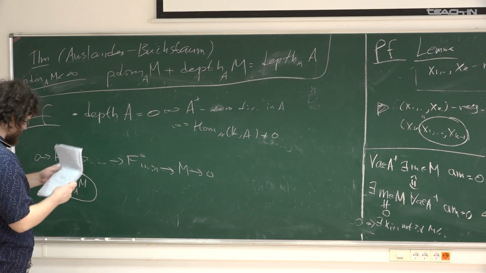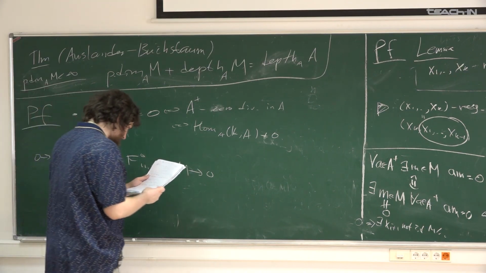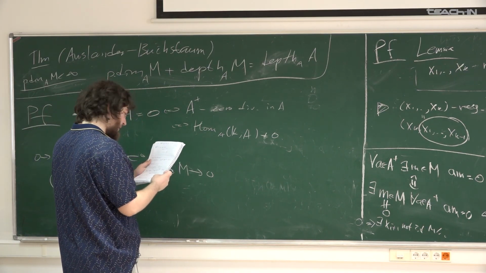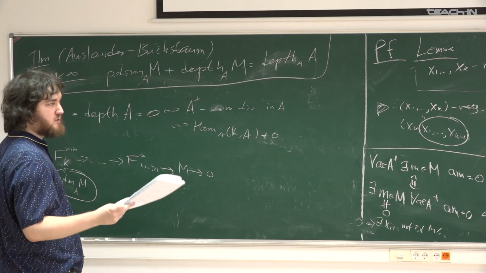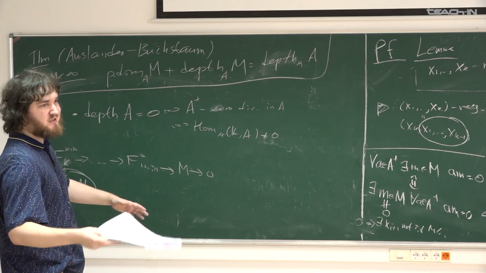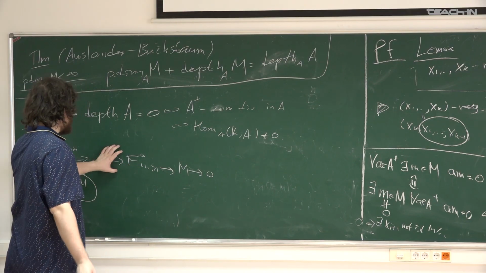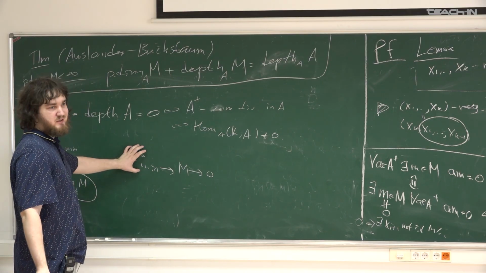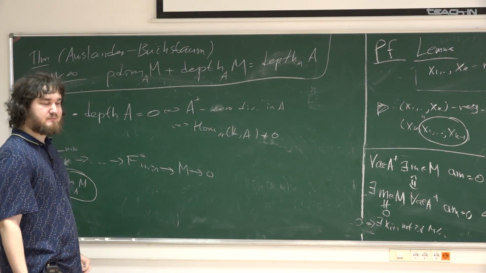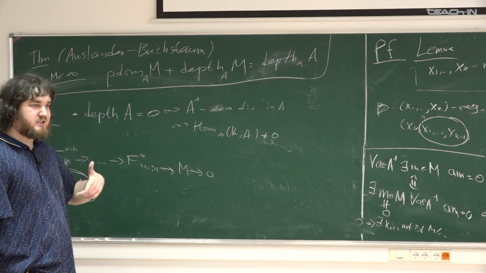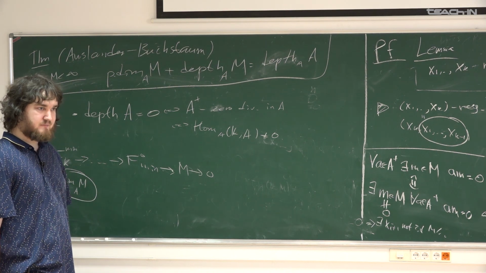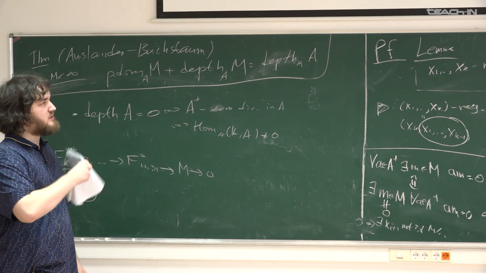So we want to prove that M is a projective module, that is, a free module, because we know that over a graded ring, projective, flat, and free are the same thing. We checked this previous time.